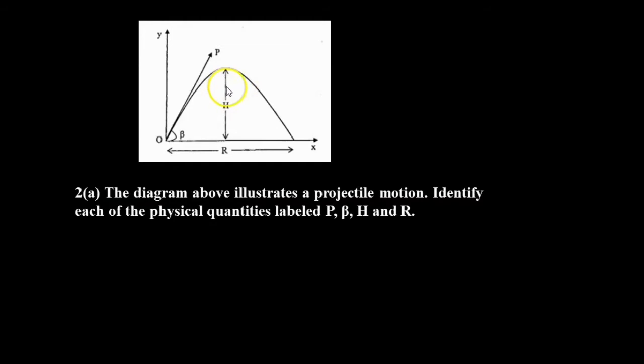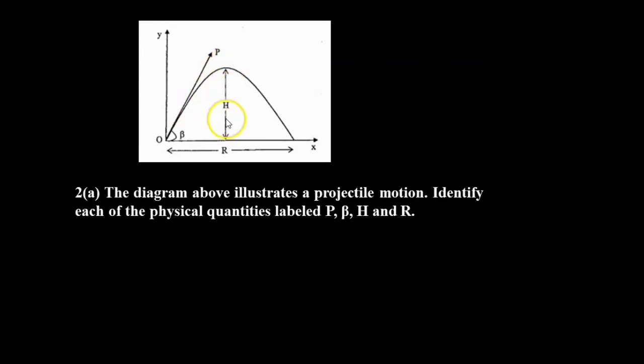Number 2. So we have a diagram over here, and it states: the diagram above illustrates a projectile motion. Identify each of the physical quantities labeled P, beta, H, and R. Now, beta is the angle of projection, while P is the initial velocity.